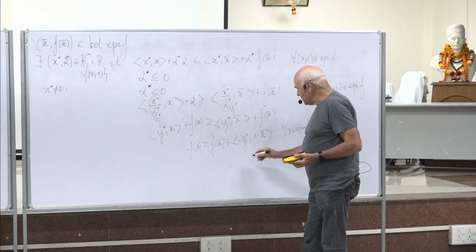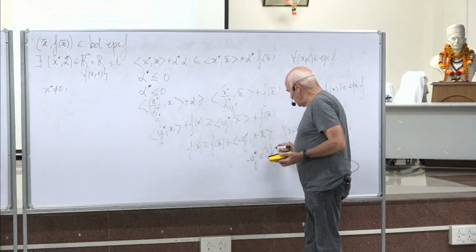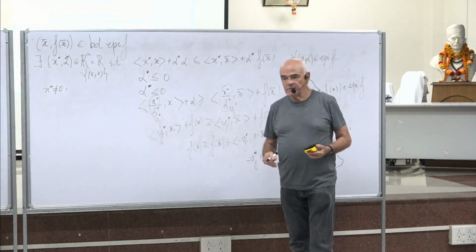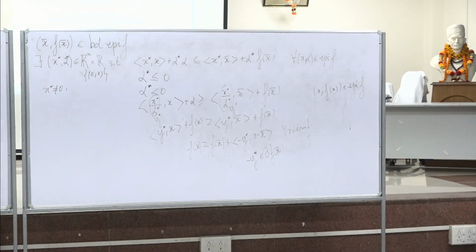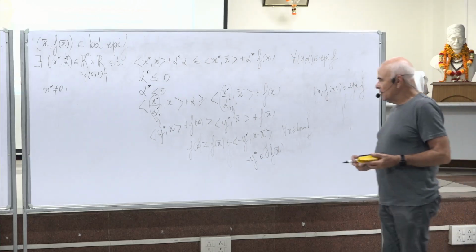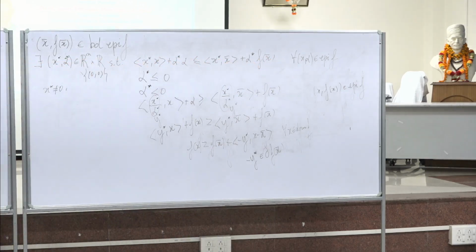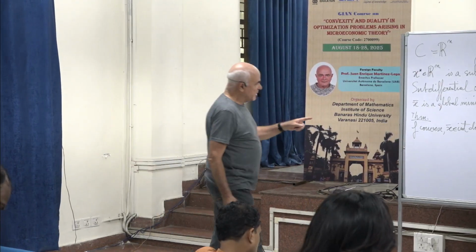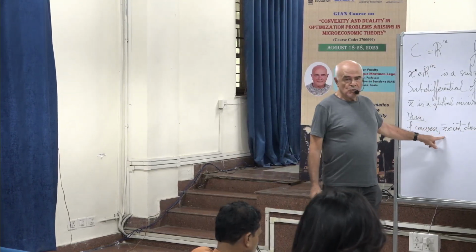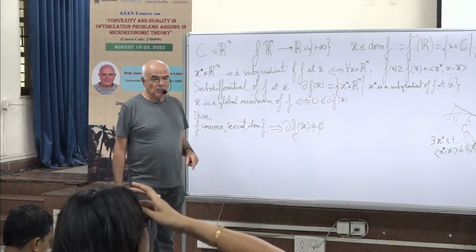And this simply means that minus y star is a subgradient of f at x bar. So we have been able to prove the existence of a subgradient at this point, but we had to use convexity because we needed the supporting hyperplane theorem, and we had to use that x bar is in the interior of the domain.